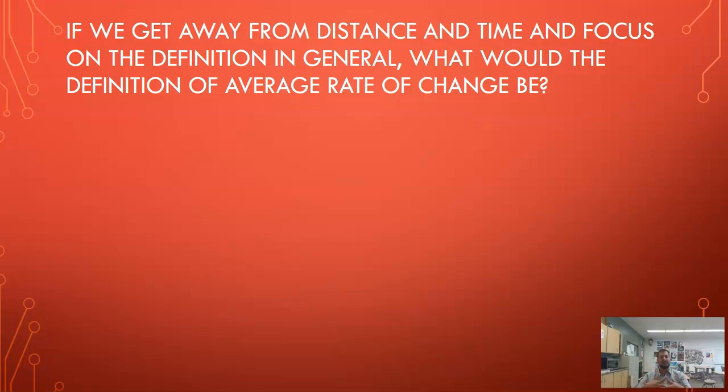Now, more specifically, when we talk about average rate of change in this class, it's a slightly different scenario, because not only are we looking at real life scenarios like the first one, where we just do distance divided by time, but we can look at this in a slightly more general sense.